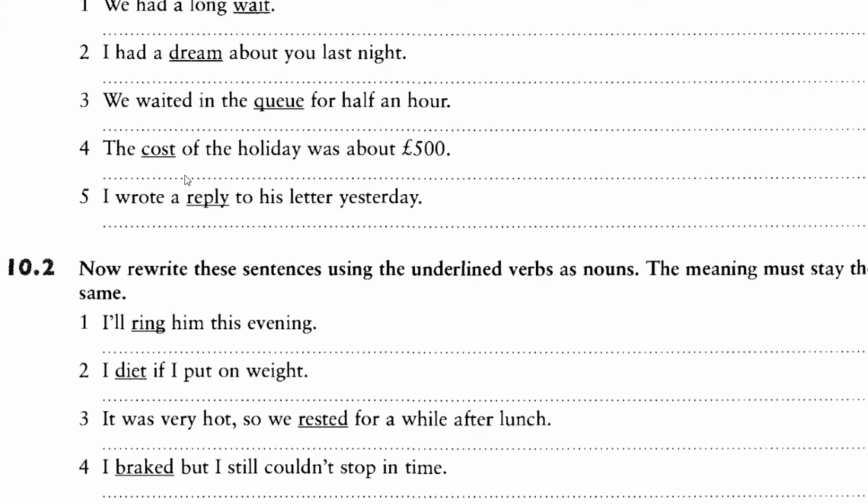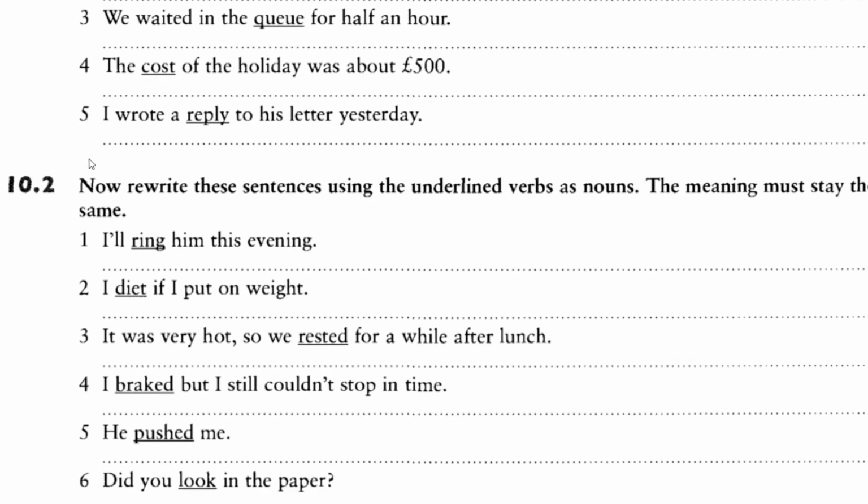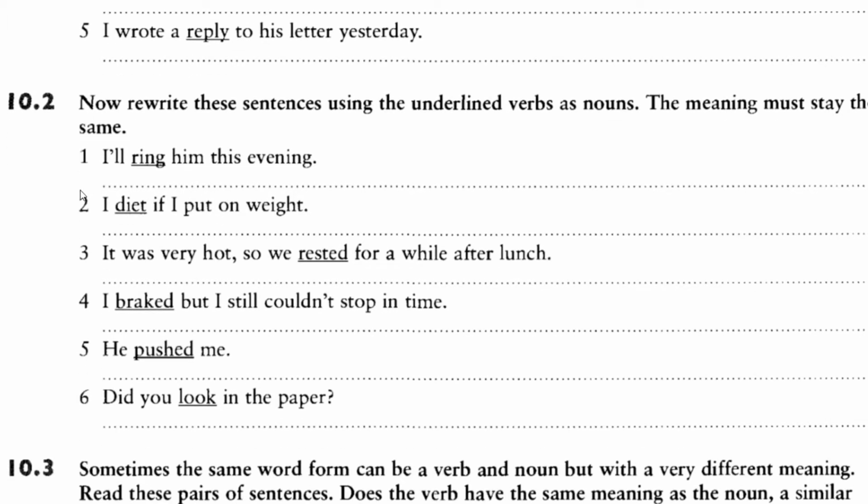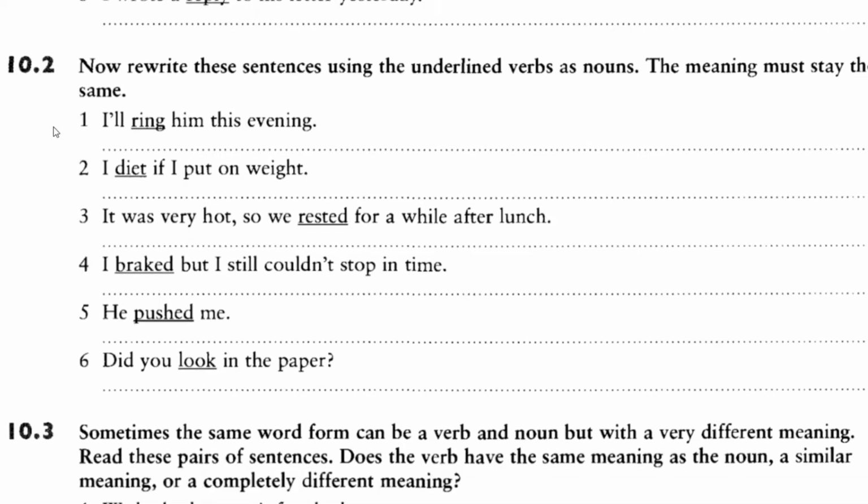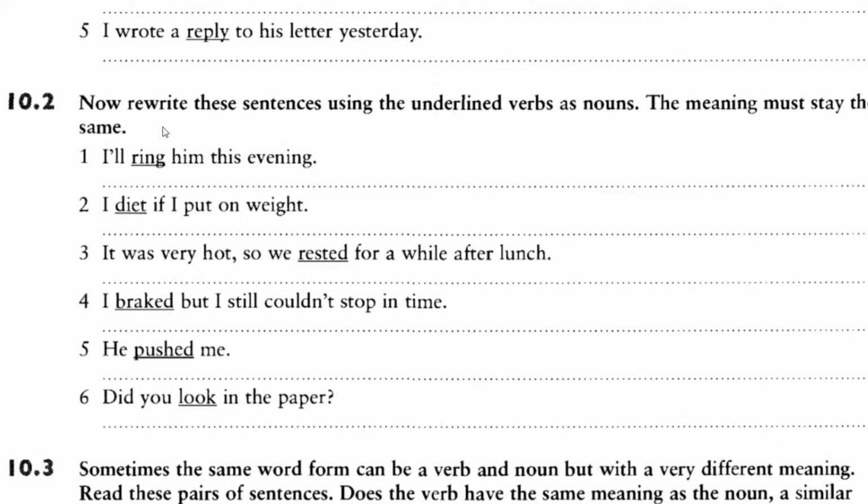The answer is the holiday cost about £500. And last but not least, I wrote a reply to this letter yesterday, and the answer is I replied to this letter yesterday. So we are done with 10.1.